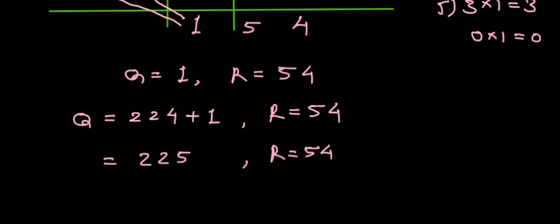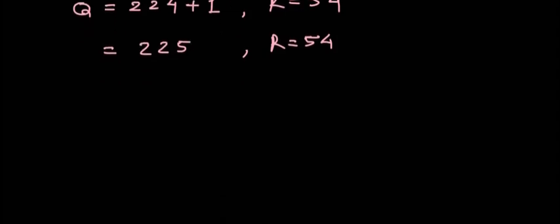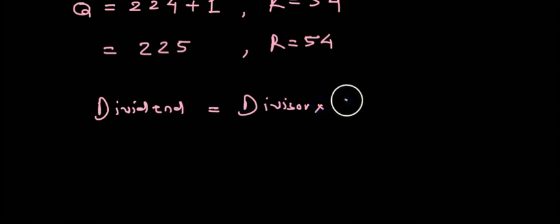Now friends, we can check if our answer is correct or not by applying the Beejank method. See how to apply the Beejank method to check the answer in division. Let us write the division algorithm. Dividend equals divisor multiplied by quotient plus remainder.